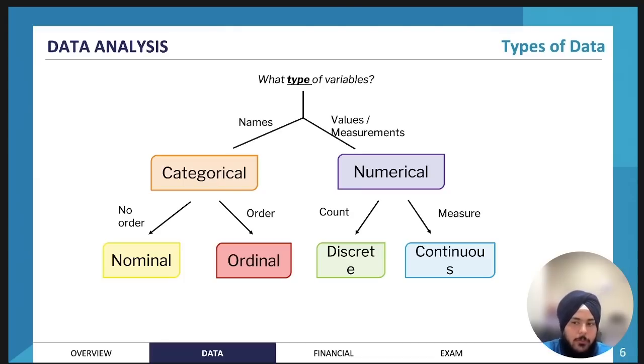For categorical variables, we have nominal and ordinal variables, where nominal variables have no particular order, whereas ordinal variables usually have an associated order. For numerical, we can have discrete and continuous variables, with discrete variables being those that we usually count, and continuous variables being those that we measure.